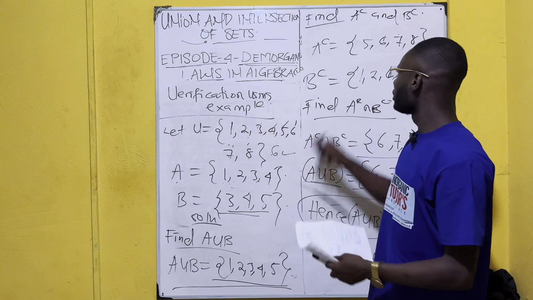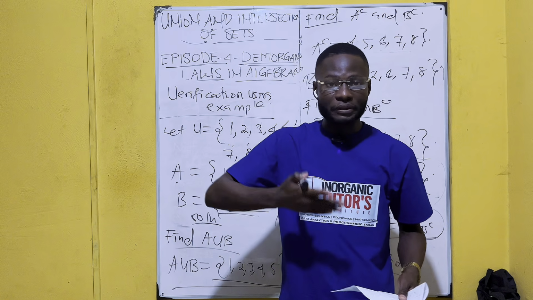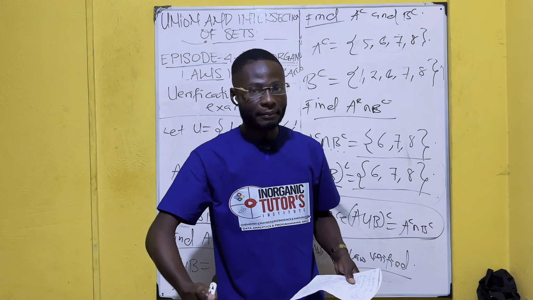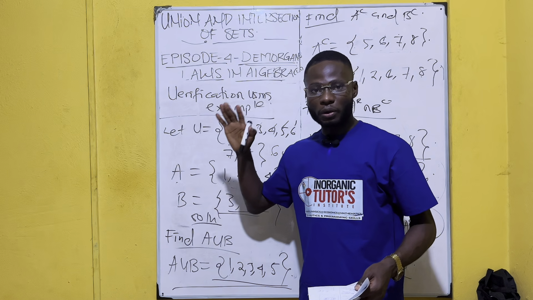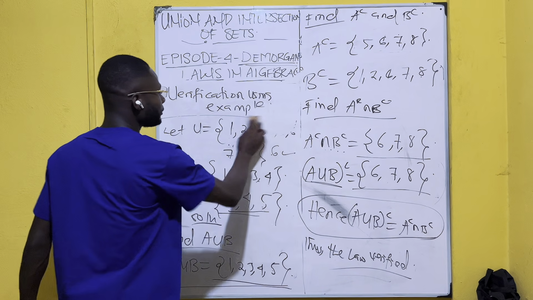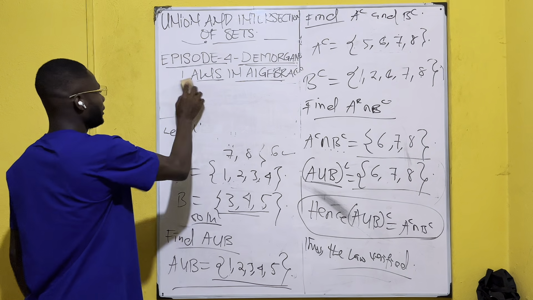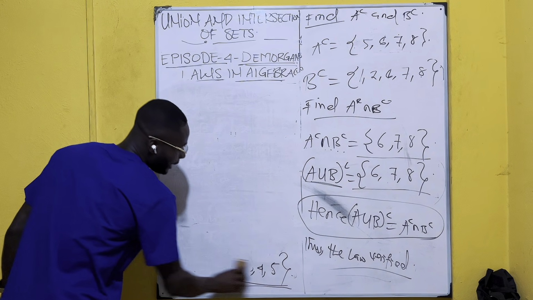We are going to use visual representation, the Venn diagram, to demonstrate De Morgan's law again. Great. So we go again. The next on the list is to demonstrate De Morgan's law in a Venn diagram.